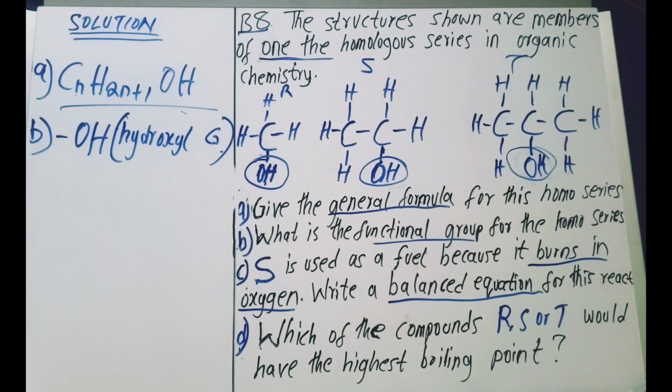Because combustion generally is the process involving oxygen. So when you hear or read where they are saying it is burning in oxygen, just know that they are talking about combustion, because combustion involves oxygen. And that is very paramount to understand. It is very cardinal, because without that point, you can't write the equation.